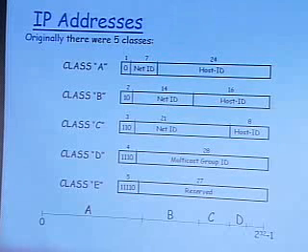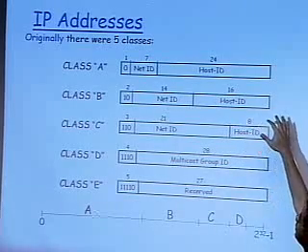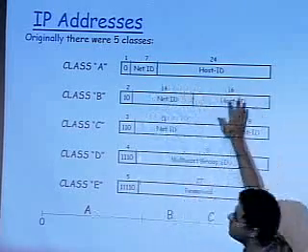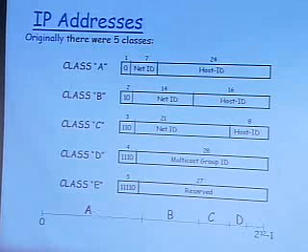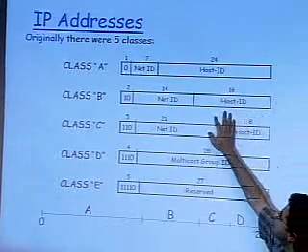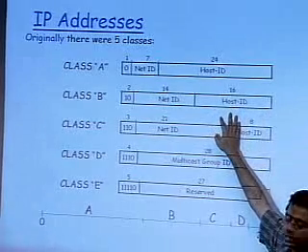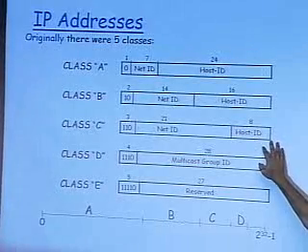In class B you fixed 16 bits of the address, and in class C you fixed 24 bits of the address. So what that meant was, if you had a class A address, 8 bits were fixed and 24 bits are free. So a class A address corresponded to a network in which you could potentially have 2 raised to 24 different hosts. A class B address belonged to a network in which you could have 2 raised to 16 different hosts. Class C, 2 raised to 8 or 255 different hosts.